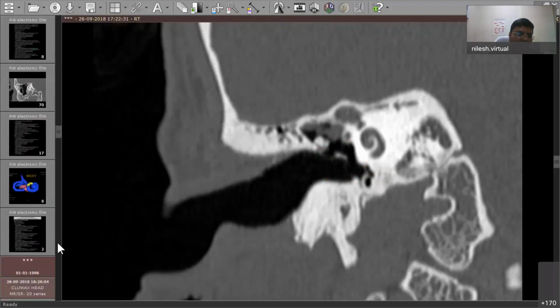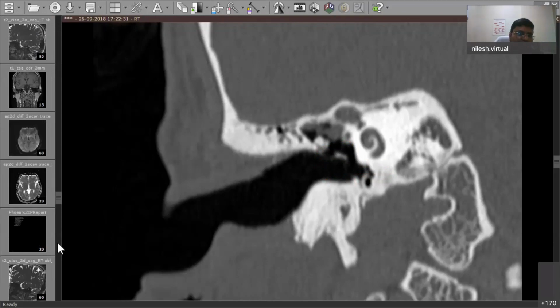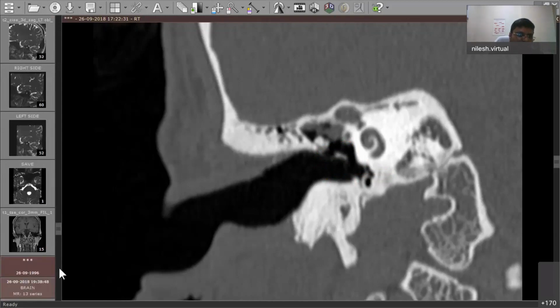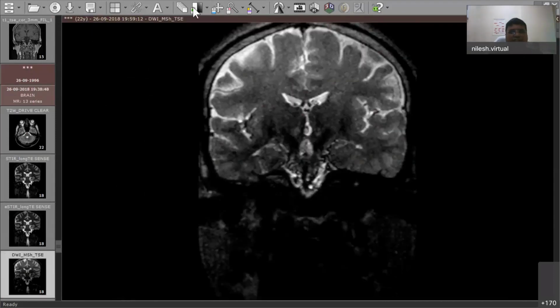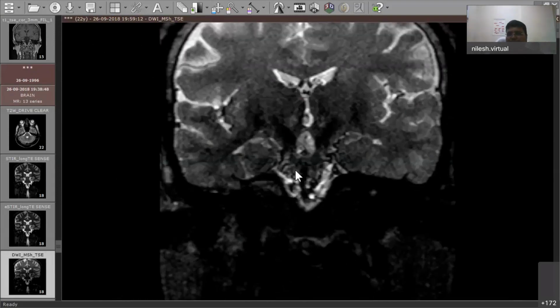So we'll see what was the result of diffusion weighted imaging. So this is a diffusion weighted imaging. What you need to find in diffusion weighted imaging is a bright focus, bright like this. You can see here CSF, like this bright focus you have to find in this stage.